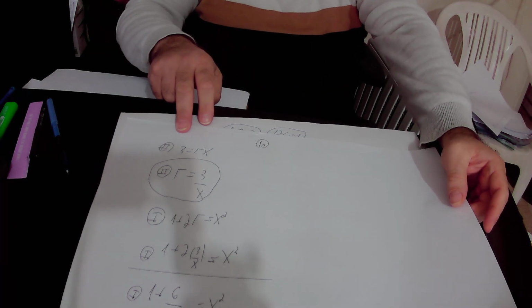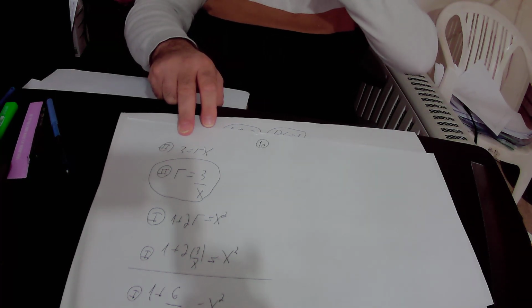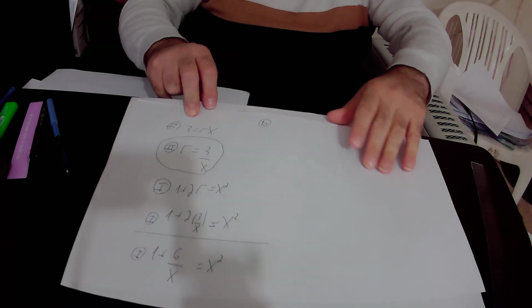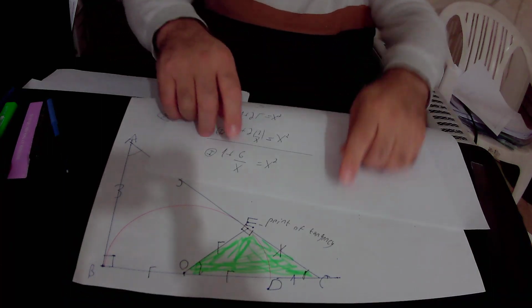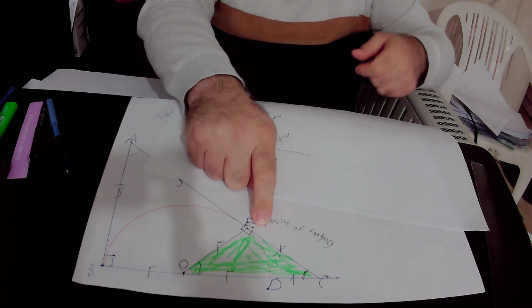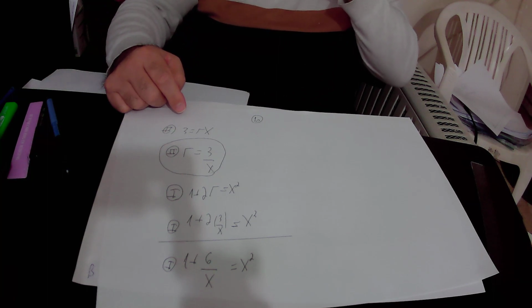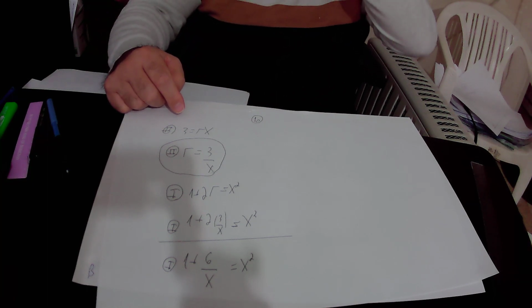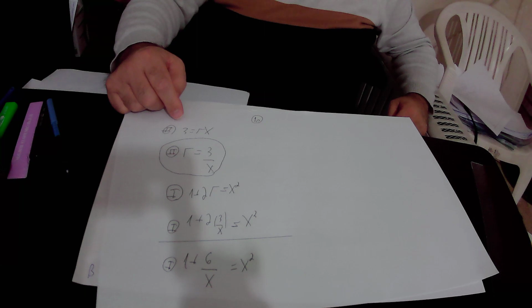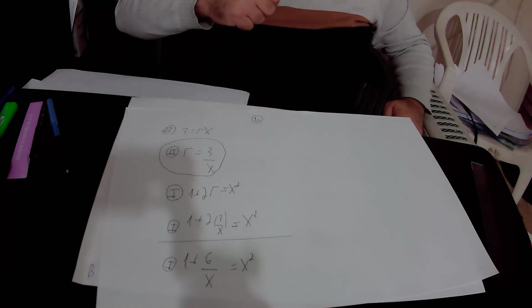Here we divided this equation by x. It is allowable to divide by x because x can never be 0, because x is one side of the green triangle and it must be a positive number. So we got that the radius of the semicircle equals 3 over x.